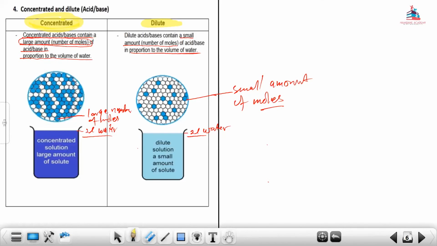We spoke about dilute, and we said dilute doesn't necessarily mean weak, and concentrated doesn't necessarily mean strong. It basically says the proportion of water is more compared to the number of moles or the amount of acid or base that we have.